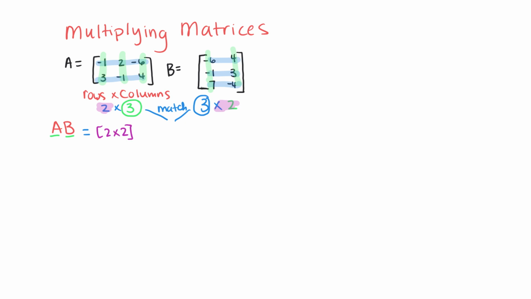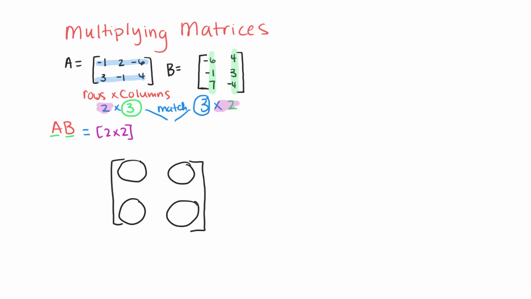Okay. Now, what are the steps when we multiply matrices? If I'm going to end up with a 2 by 2 matrix, then it's going to have 4 elements: something here, something here, something here, and something here. Each of these places has a spot in the answer.